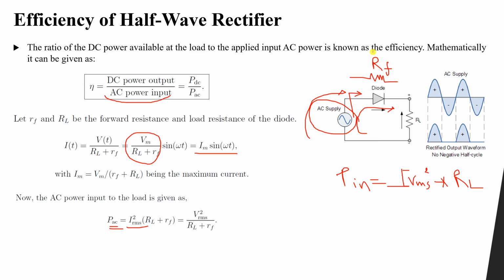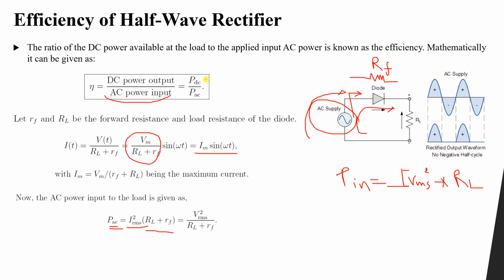Now, since the power input coming from the supply is divided into power consumed inside the diode and power consumed inside the load, it will be IRMS square multiplied by the total resistance, or VRMS square divided by the total resistance.